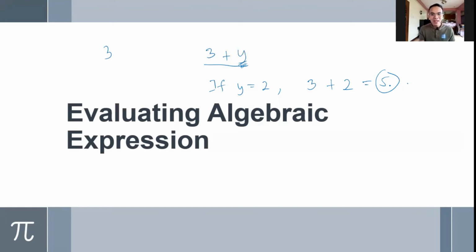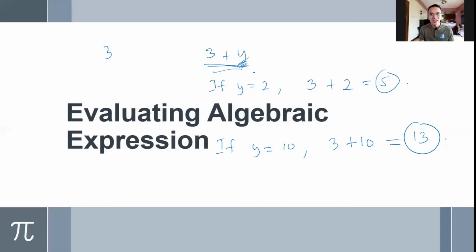Another example, if y is 10, then what is going to be the value of this expression? We have 3 plus, what's the value of y given? It's 10 this time. So we have here 13. The value of this expression when y is 10 is 13. That's why y is called a variable, because its value changes from time to time.